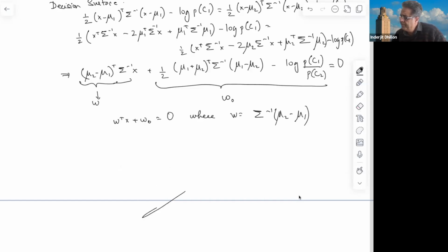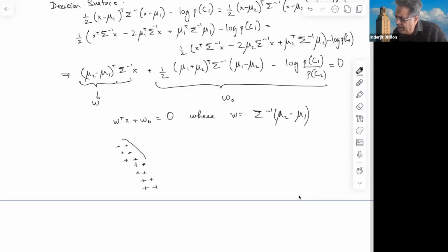When a multivariate Gaussian has a covariance matrix, we looked at the way the distribution looks, and we looked at the level sets of the distribution P of X. Class C1 is this.